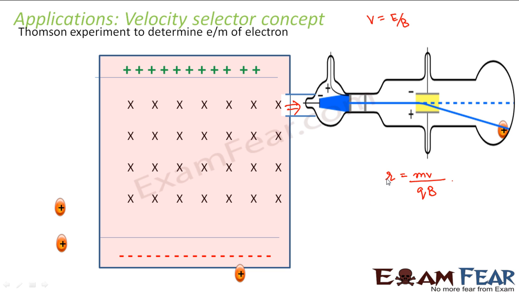Using this kind of expression only, he determined the charge by mass ratio of electrons. If you look at this expression, you can see that q by m will be equal to v divided by rB, where r is the radius, v is the velocity of the particle and B is the magnetic field.